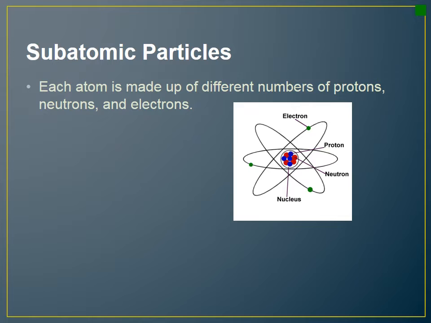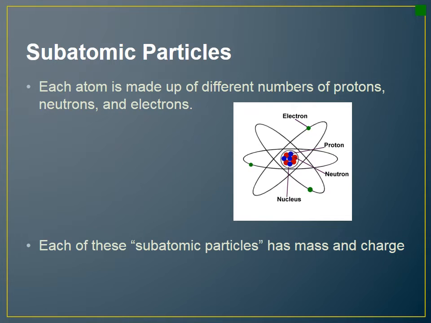The electrons whiz around the outside of the nucleus along something called orbitals, as if they orbit around the nucleus. This is the area of the atom that holds a lot of the volume of the atom, so it takes up a lot of the space in an atom. Each of these subatomic particles has a mass and some type of charge.